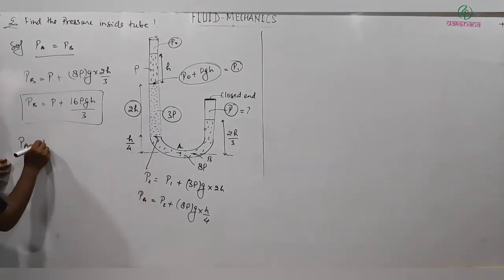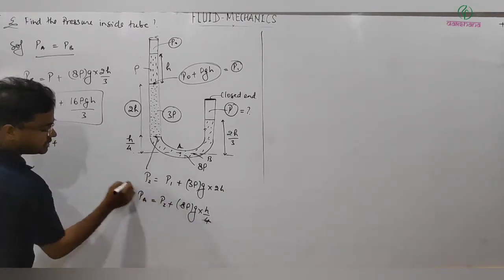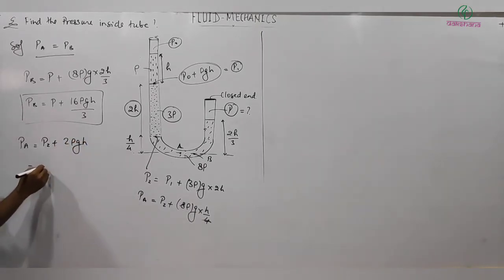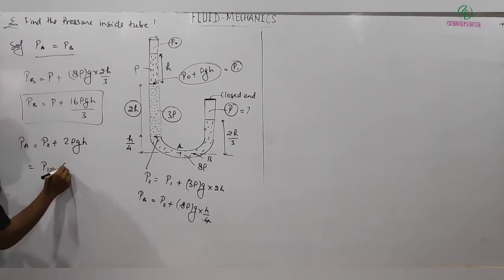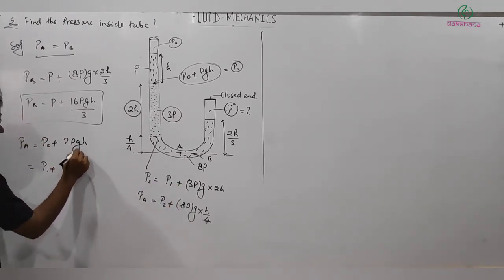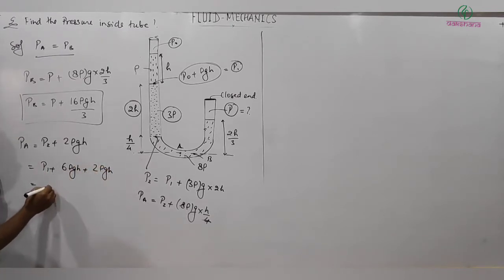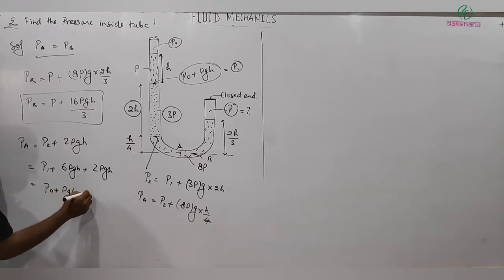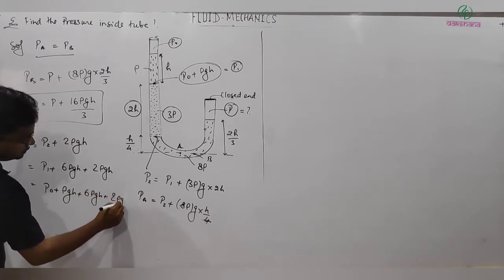So PA is equal to P2 plus 2 rho G h, and let me substitute P2 is P1 plus 6 rho G h plus this 2 rho G h, and P1 can be substituted as P0 plus rho G h plus this 6 rho G h plus 2 rho G h.